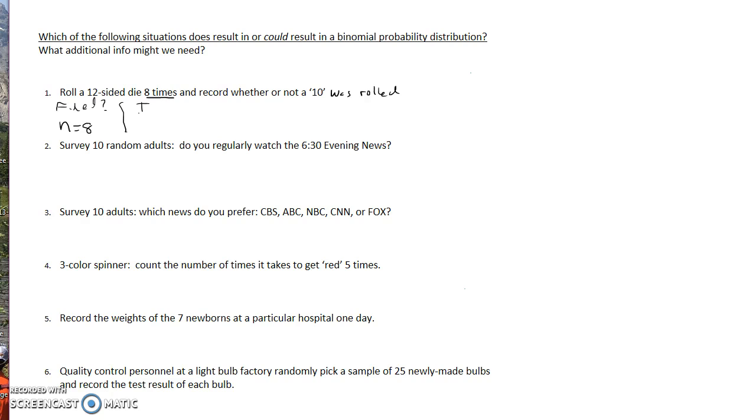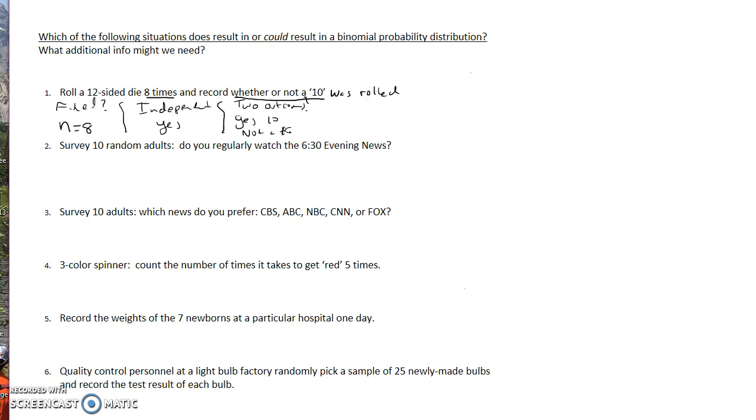Next thing, are they independent? Well, you're rolling a die, right? So yes, this would be independent. Are there two outcomes? When you think about this, there are 12 sides to this die, but we've determined whether or not a 10 was rolled, so it's going to be either yes, a 10, or not a 10.